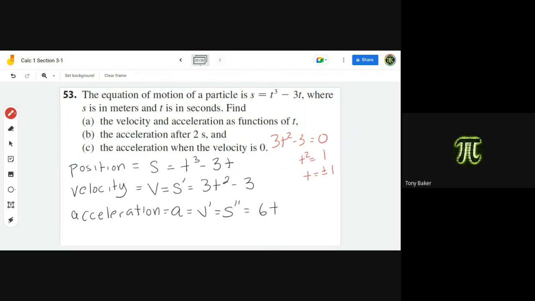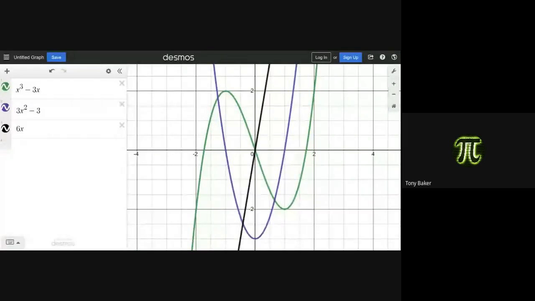So if we look at this, here's the graph. So the green is the position of my function, or position of my particle. The purple is my velocity. So when my position's at 0, my velocity is at negative 3 because we're going down.